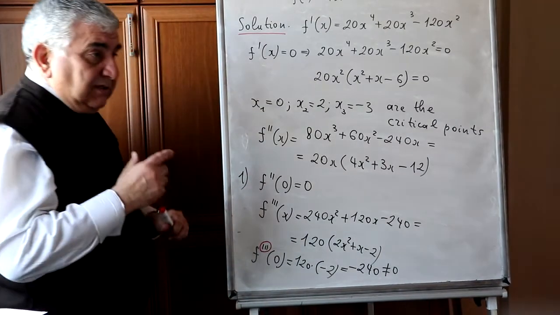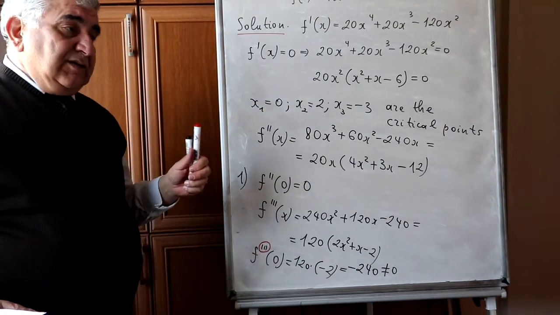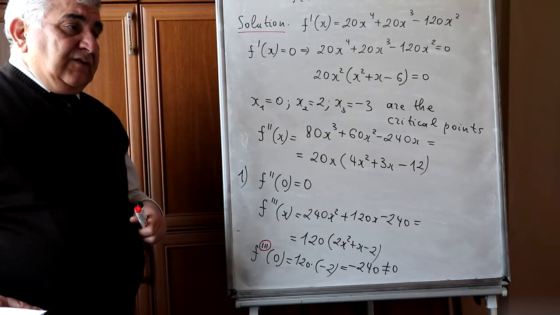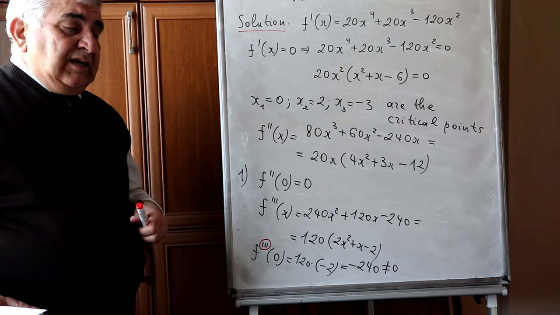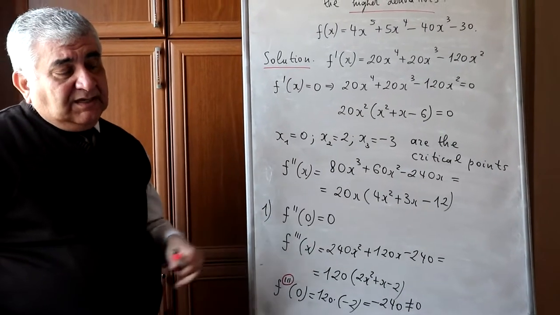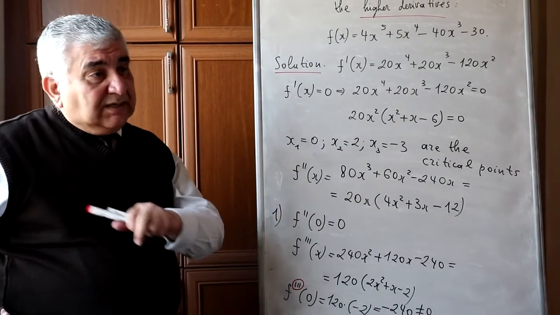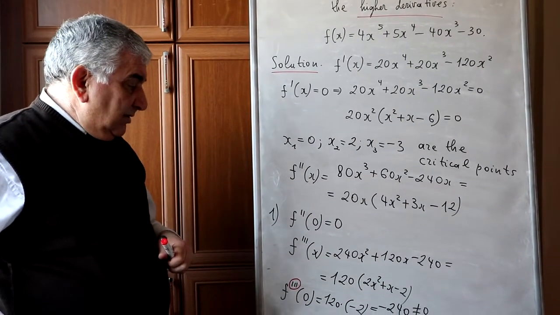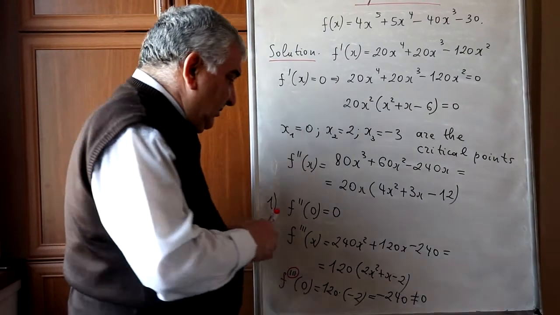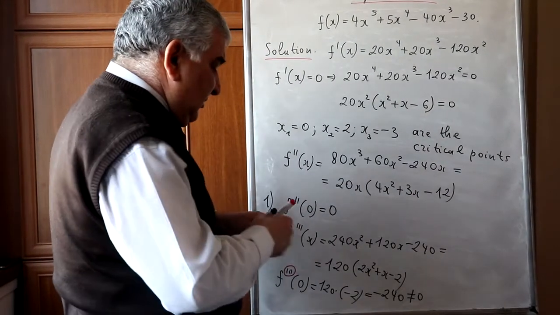And according to the condition of investigation with help of these higher derivatives, if the first non-zero derivative has the odd order, it means the given critical point isn't extremum point. That is, 0 isn't extreme point.